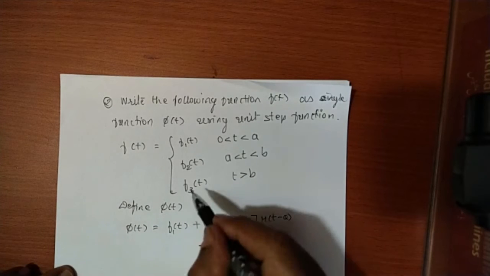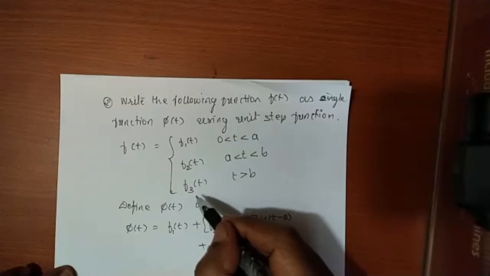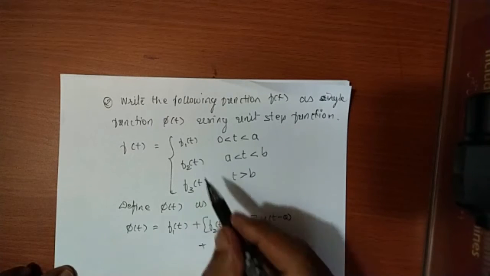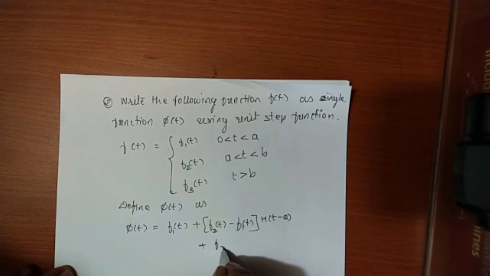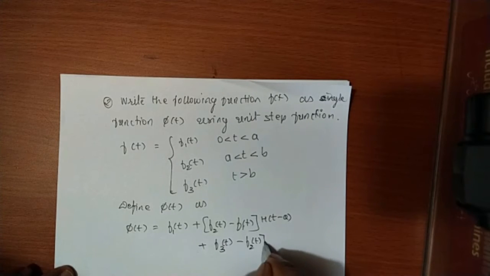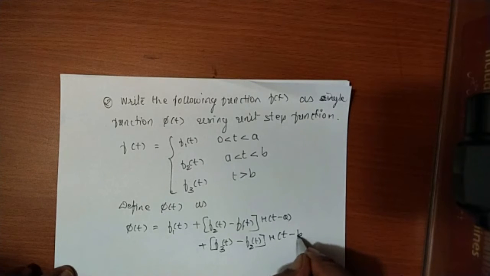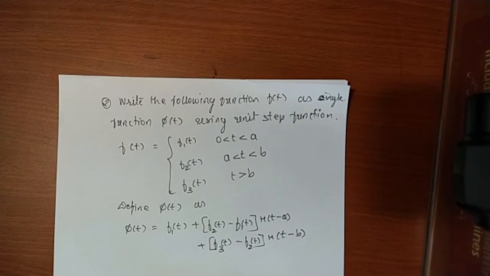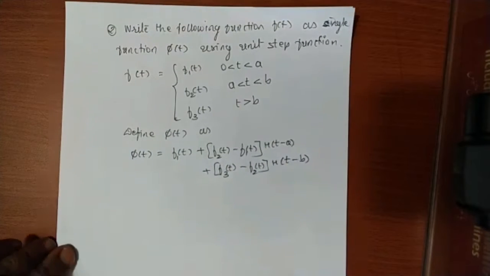Plus, you write the next step. You go to the next function, f3t minus f2t. So plus f3t minus f2t times h of t minus b. Right. So now let me see what happens if t is less than a, what happens if t is less than b, and what happens if t is greater than b.